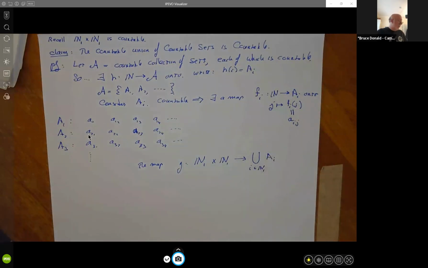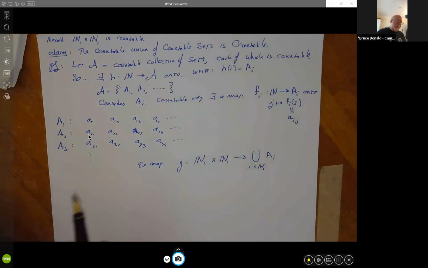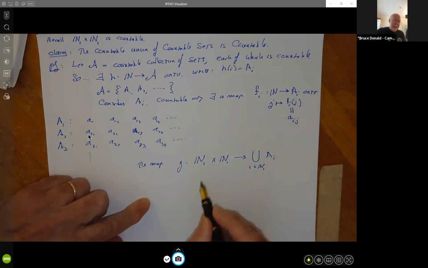So if I can show that there's an onto map from the natural numbers squared onto this countable union of countable sets, I'm done, because this set is countable by our previous argument. And basically you can see how that will work here, because I have the elements outlined like this. It kind of already looks like N cross N, the natural numbers cross the natural numbers. So let's just do that.